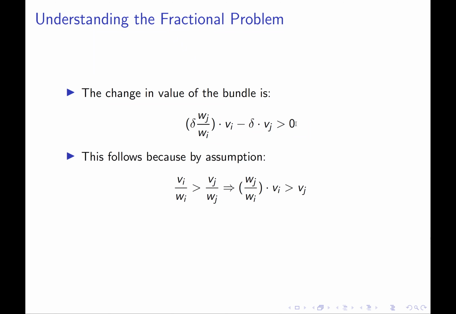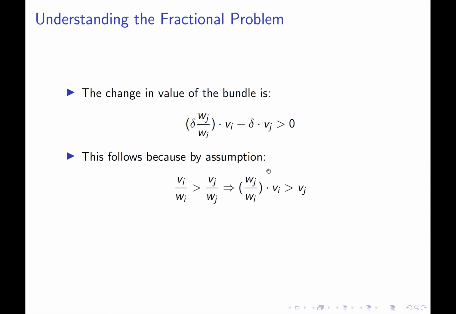But this is the case, because remember, what was the starting premise here? The starting premise was that bidder i had higher value density than bidder j, right? All that means is that Vi over Wi, the density of bidder i, by assumption, is bigger than Vj over Wj. Okay. And so let's just multiply both sides of this by Wj, right?